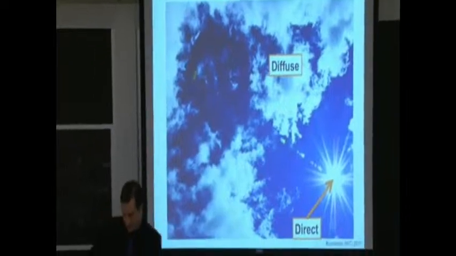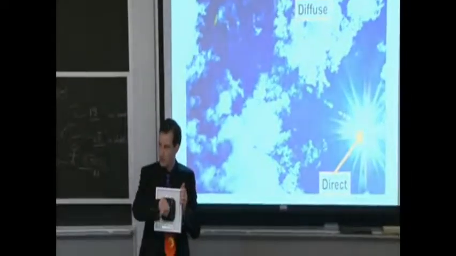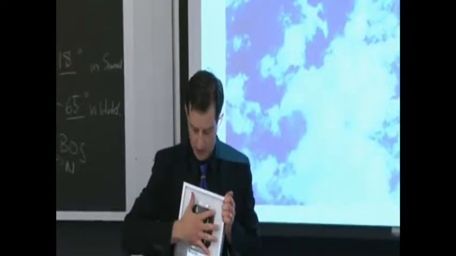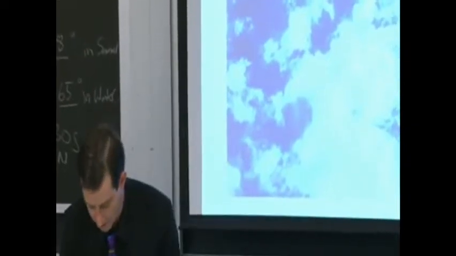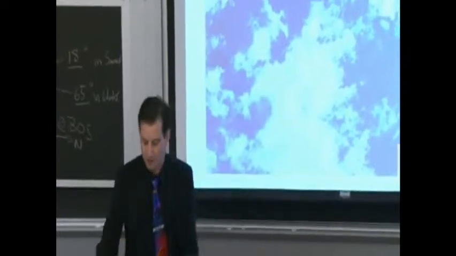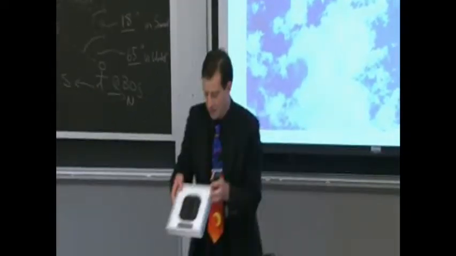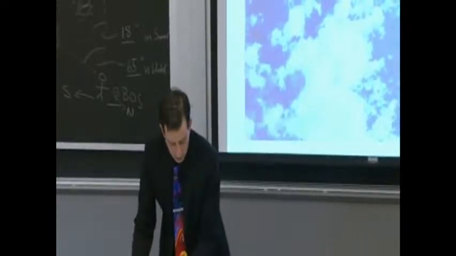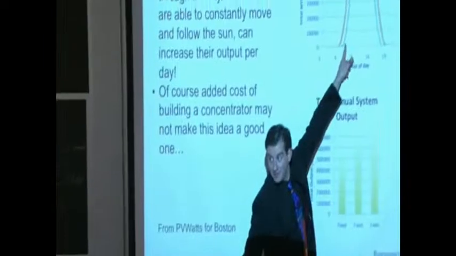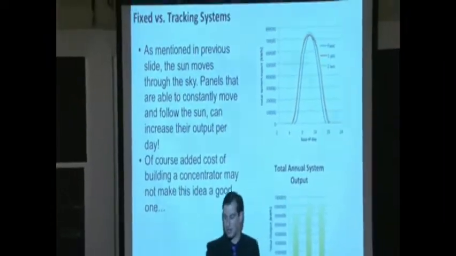So if my sunlight is coming in like this, and I do cosine theta of the angle, I'm only getting a very small amount of the incident sunlight projected onto this plate right here. Whereas in the middle of the day, now cosine theta is 1, I get the full sunlight. But if I have, for instance, a tracker, I would be able to face this panel due east and then track it throughout the day. And that's where I'd get this additional energy boost here in the mornings, right there, from the tracking system.